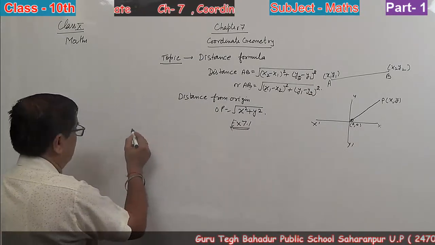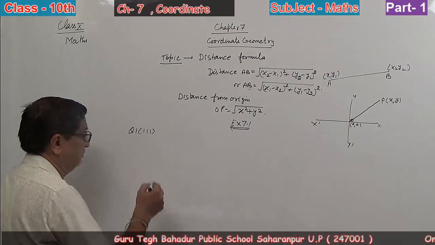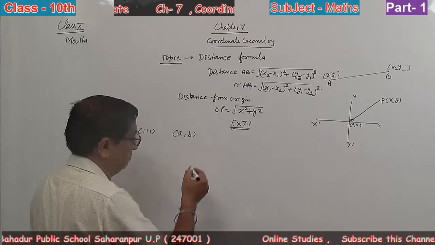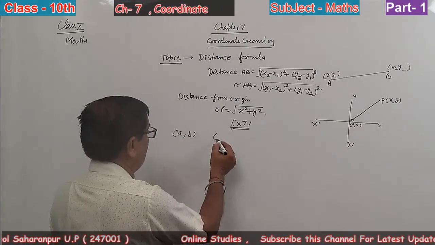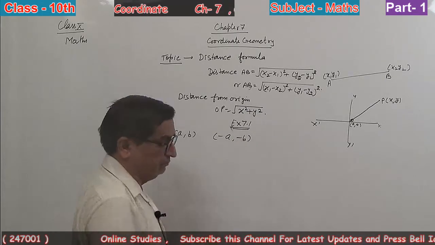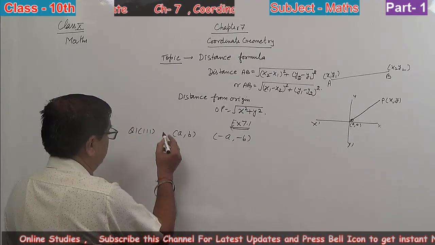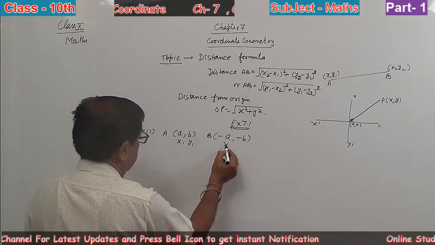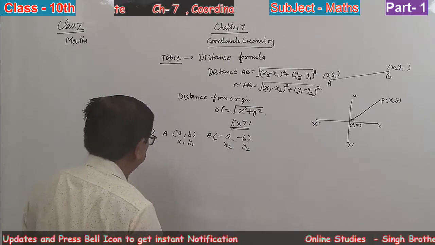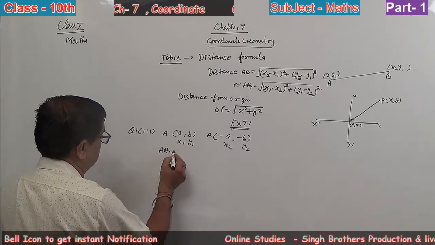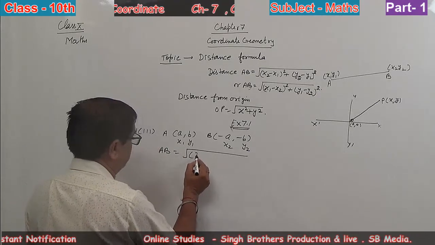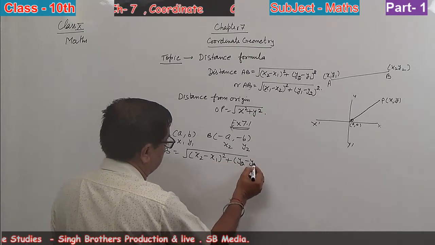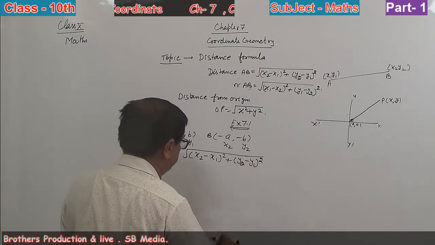See question number first, third part. Points are given to you: a, b and minus a, minus b. This is point A, this is point B, its coordinates are x1, y1 and x2, y2. So distance AB is the square root of (x2 minus x1) whole square plus (y2 minus y1) whole square.